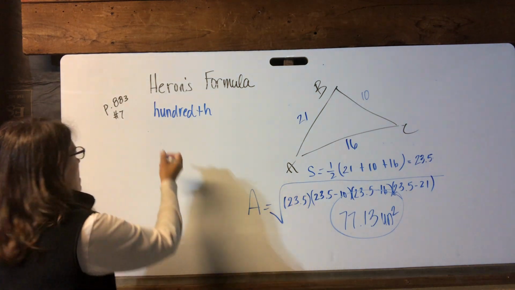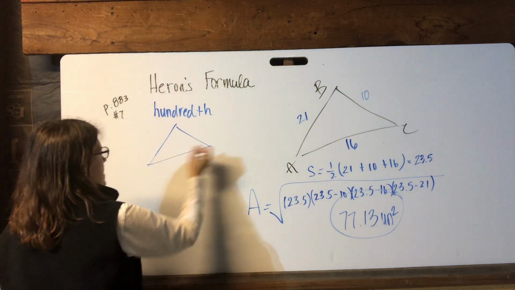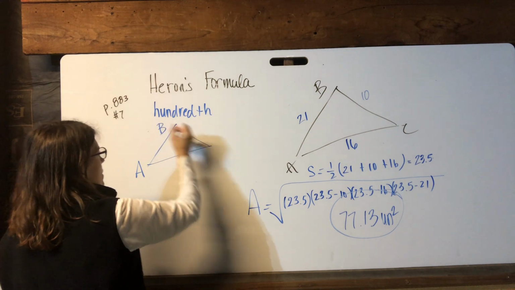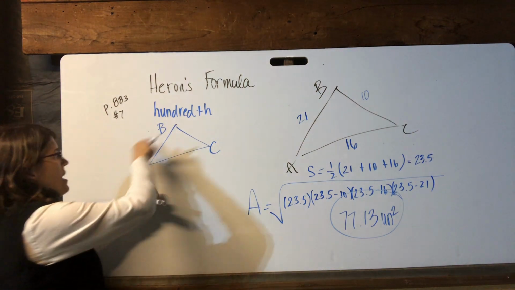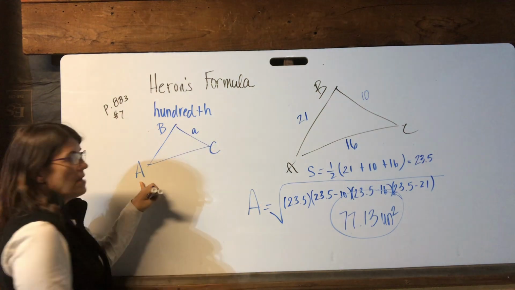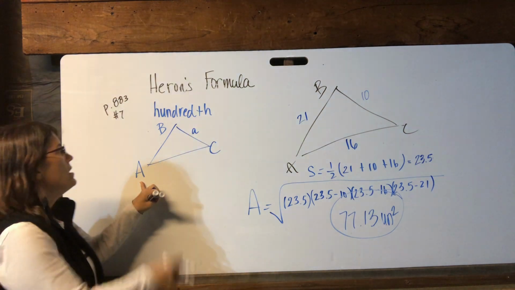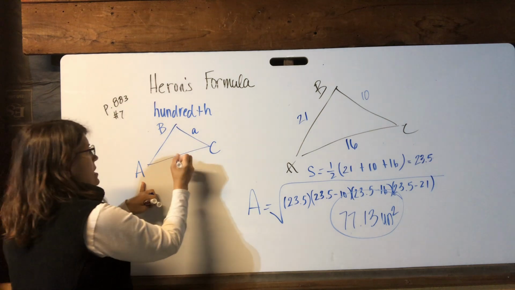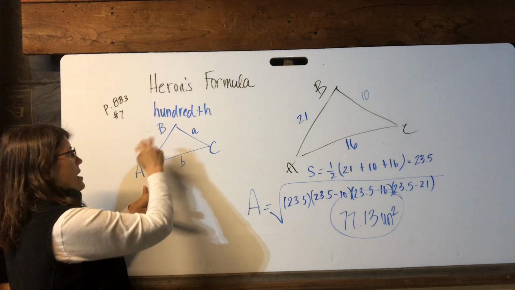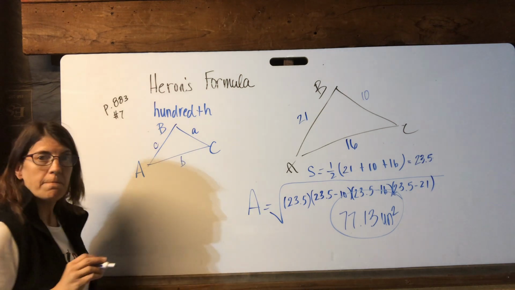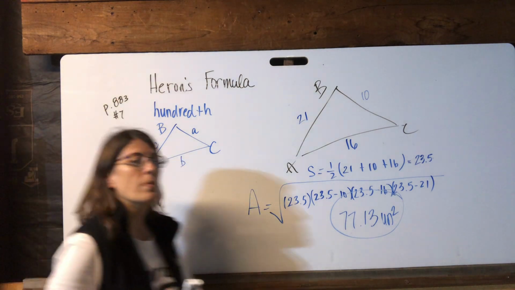Lastly, probably should have done this at the beginning. The side opposite angle A is side A, lowercase. The side opposite angle B is side B, lowercase. The side opposite angle C is side C. So that's just a quick note.